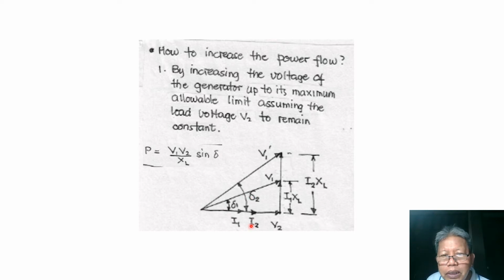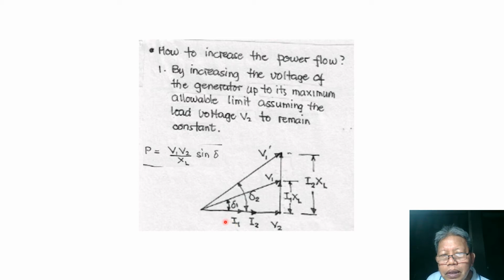So previously we had a phasor diagram representing our bus voltage V2, which is chosen to be our reference. Then with unity power factor, we had the current drawn by the load equal to I1.